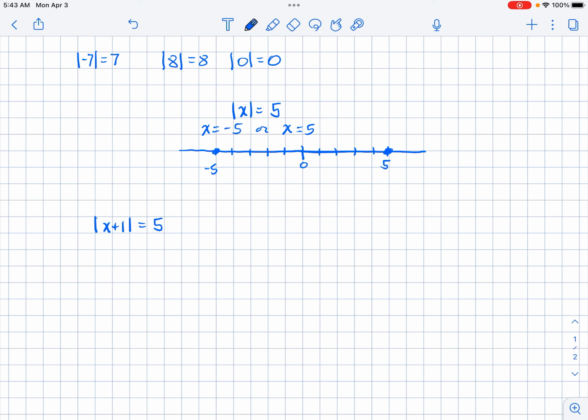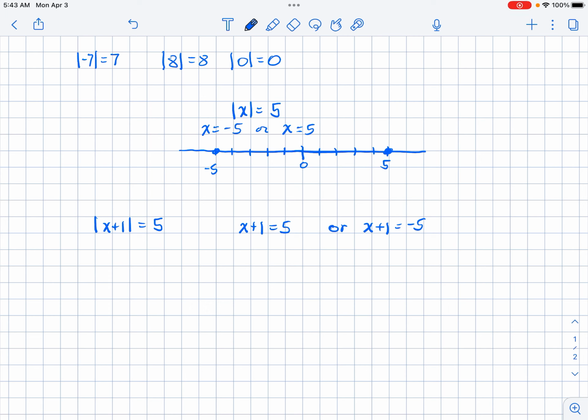In other words, what we're saying here is, for what values of x will we just get a 5? Or, on the other hand, x plus 1 could equal negative 5. Because if x plus 1 equals negative 5, the absolute value of negative 5 would be 5 as well.